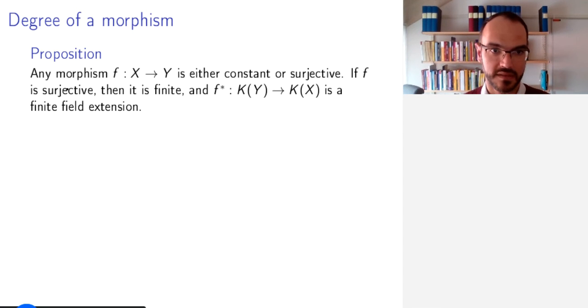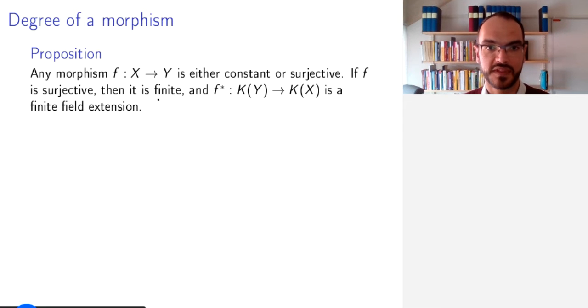And if it is not constant, so surjective, then it is a finite morphism. And the induced map between the function fields, the rational function fields, defines a finite field extension.